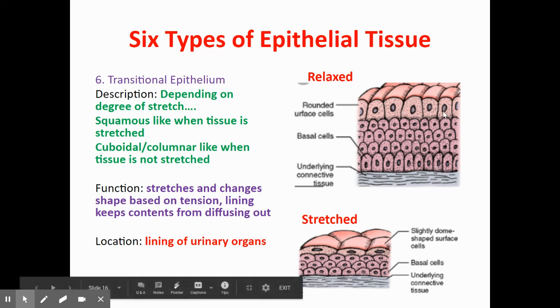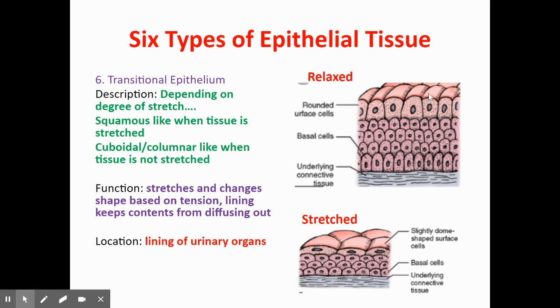And so now there's no urine pressing up against the side. So the cells are in a relaxed state. They're not stretched out. And so at this point, they're going to look more like a cuboidal shape. So with transitional epithelial tissue, it depends on if it's stretched or relaxed, whether it's going to look more cuboidal or more squamous.